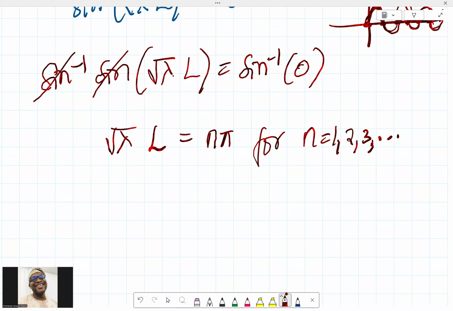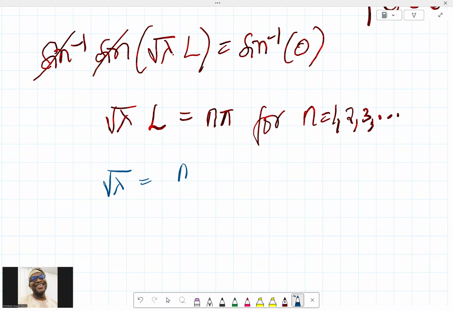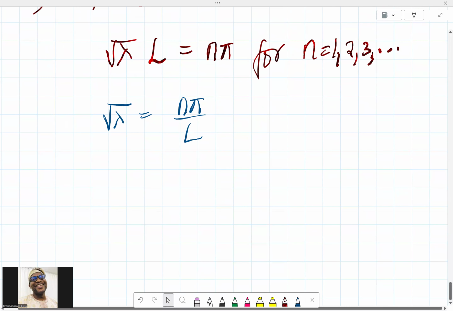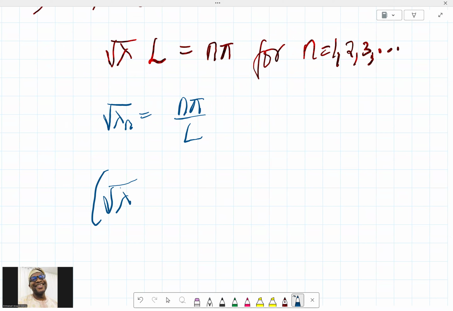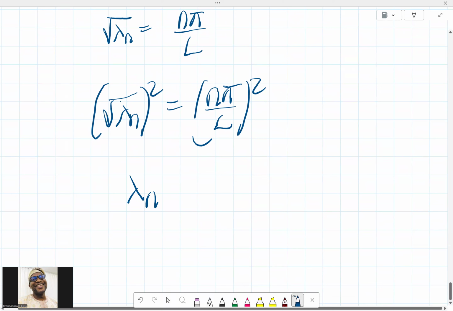So we can say square root of lambda is equal to n pi over the length L, and then we can square both sides. Because we have the n's now, we can say lambda n. So we have square root of lambda n squared equals n pi all over L, squared. So in that case, we simply have lambda n, because this cancels this.